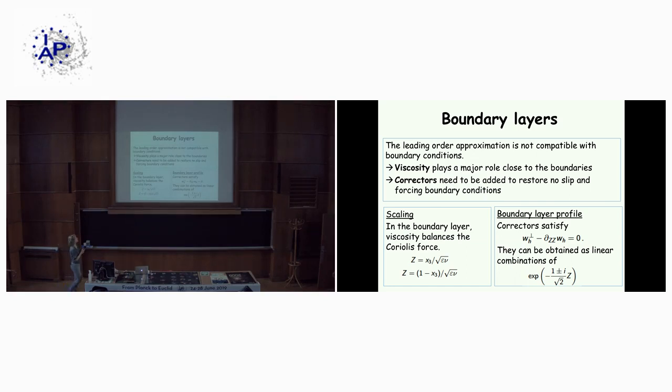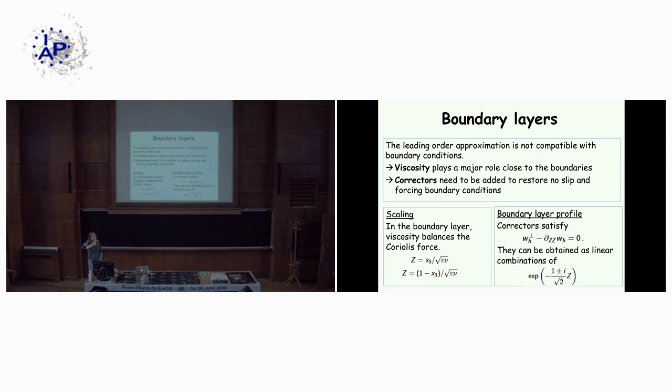And so this is why you have this boundary layer. This means that close to the surface and close to the bottom, what you expect is that the velocity field will fluctuate very rapidly. In this small layer, what is important is viscosity. Viscosity usually is very small, so you don't care about it.